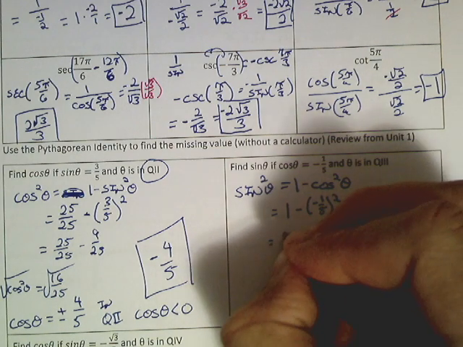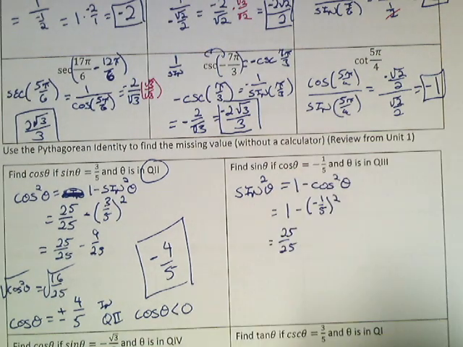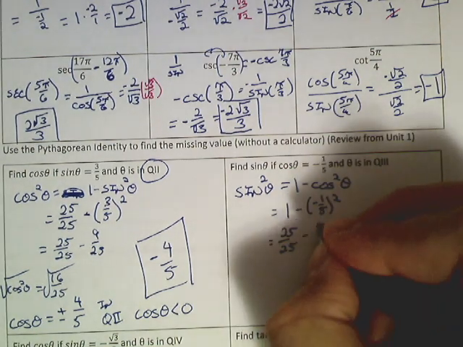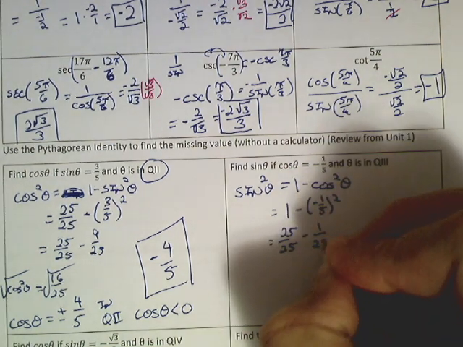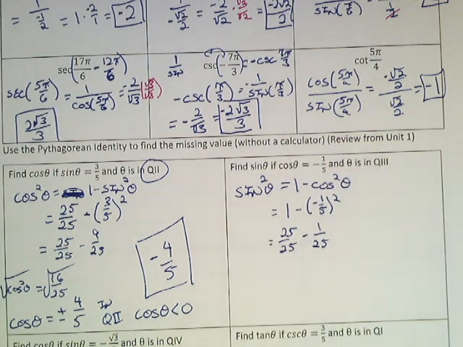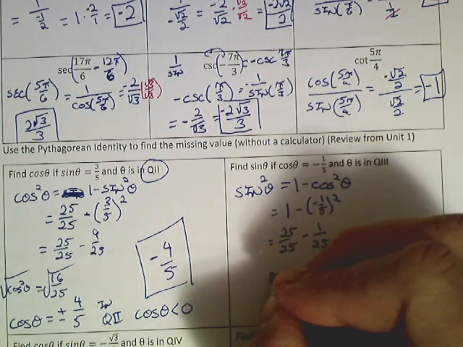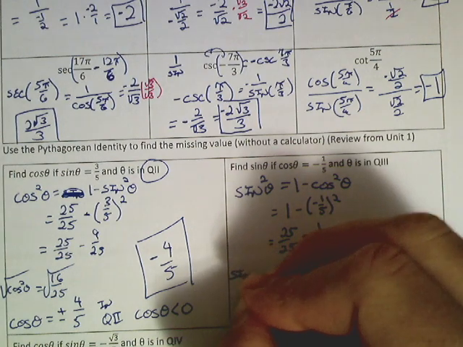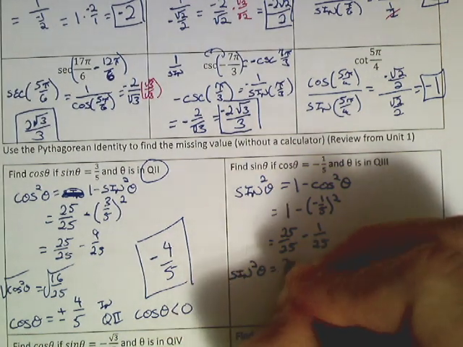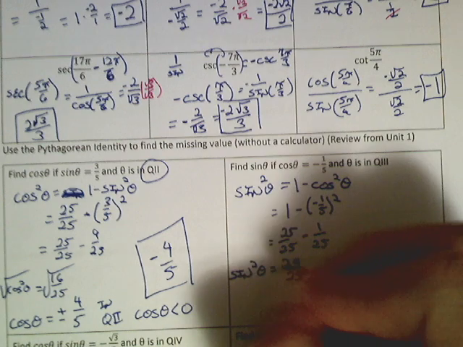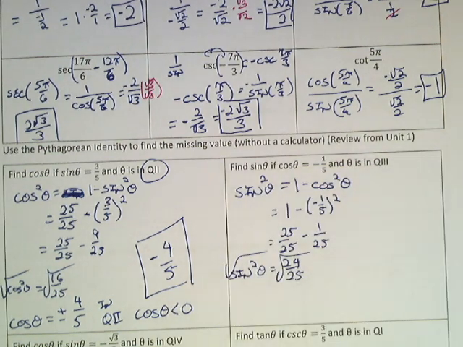So that's going to be 25 over 25 again, minus 1 over 25. So sine squared theta is equal to 24 over 25, square root both sides.